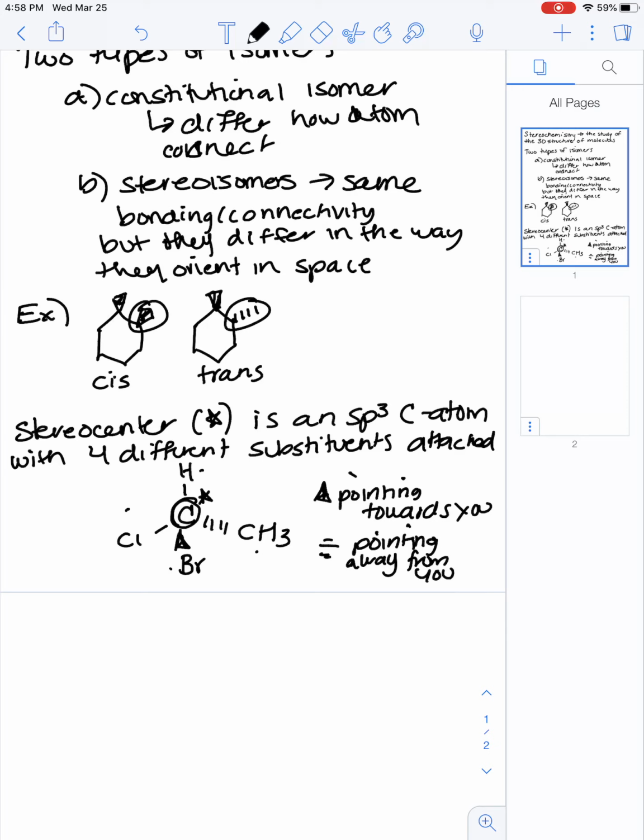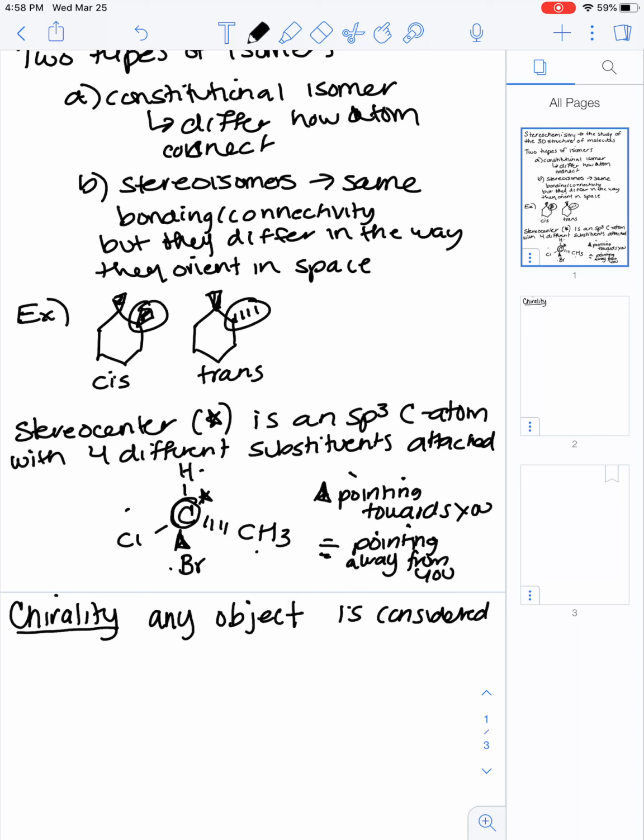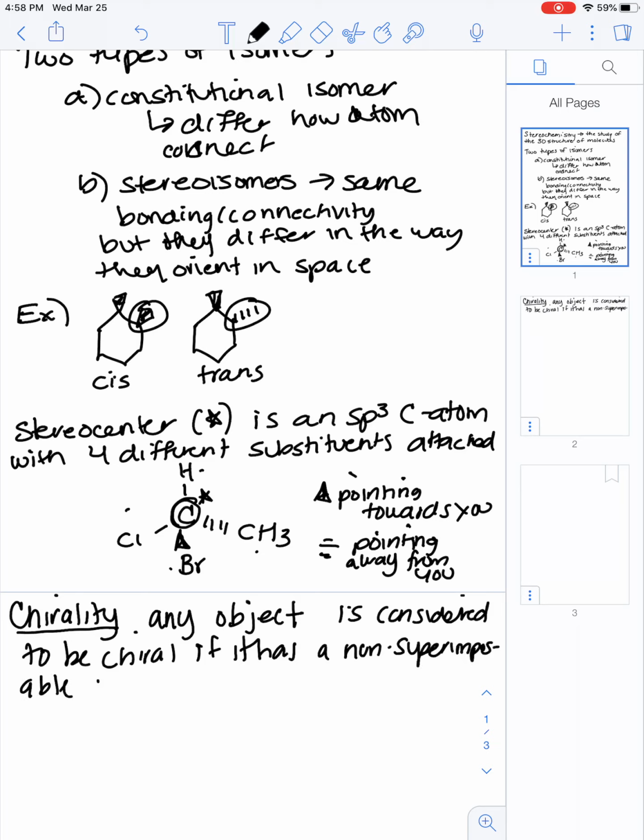Another topic that we are going to talk about is chirality. There are a lot of definitions in the beginning, but then we'll apply everything towards the end of this chapter. Any object or molecule is considered to be chiral if it has a non-superimposable mirror image.